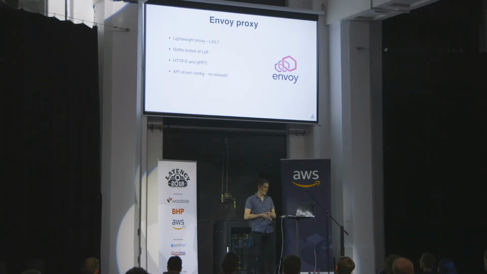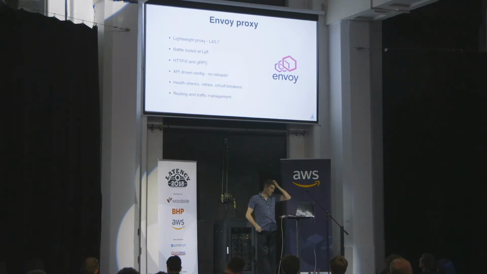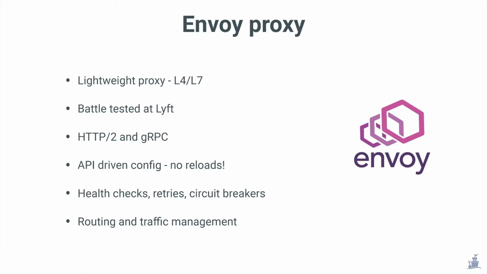There's no downtime and no delays in the way the proxy works, so it's really good for high throughput. It's got all the goodness you'd expect in a next generation proxy: health checks, circuit breakers, and many more, and routing and traffic management, so it can help shift information around between the actual microservices.